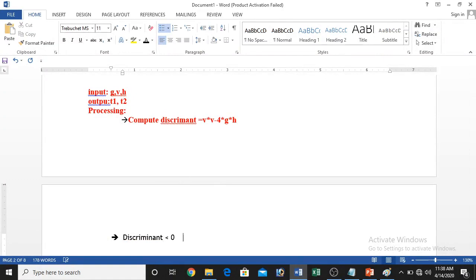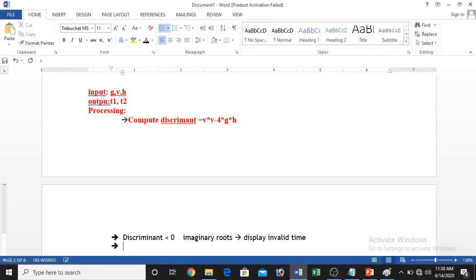If it is less than 0, just display that it is an invalid time. Why? Because if the discriminant is less than 0, we get imaginary roots and it is invalid. That is why we are going to just display the time as invalid time and stop.